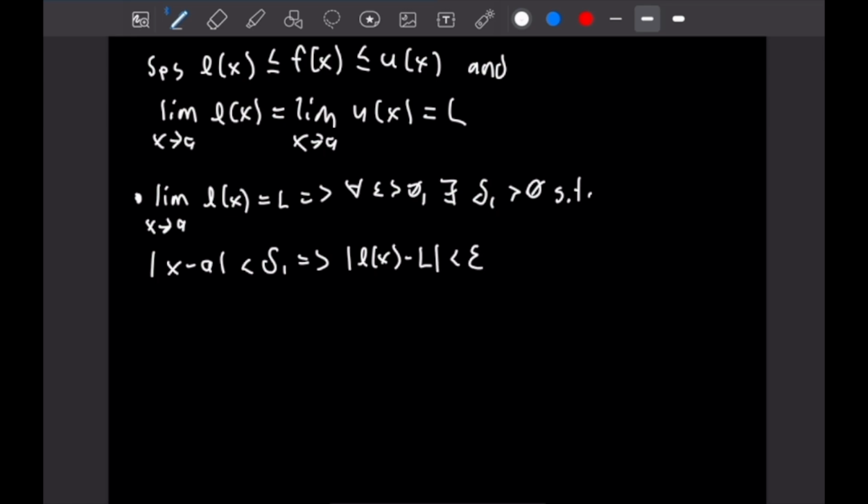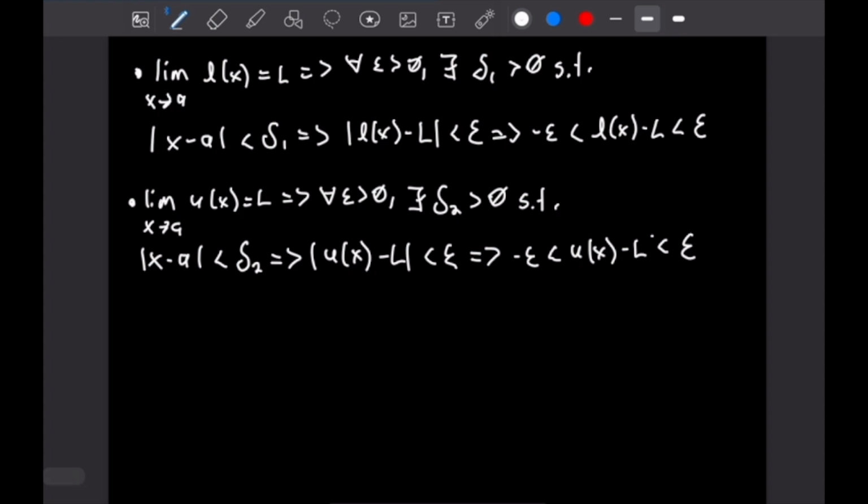And from here, we're going to break this absolute value of L of x minus L up into a compound inequality. So that will then imply that negative epsilon is strictly less than L of x minus L, which is strictly less than epsilon. And we're going to do exactly the same thing for our u of x. So I'll go ahead and write that out quickly for you, but it's exactly the same thing. Okay, great. So there I've used the limit definition just as I did above, and I've done the exact same manipulations there. So nothing too difficult there.